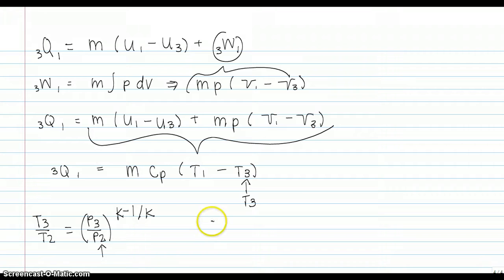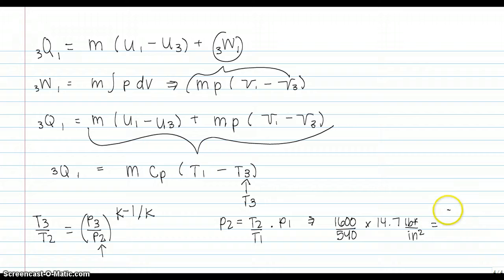To solve for P2, we have P2 is equal to T2 divided by T1 times P1, and we have every single term in that equation. That simplifies to 1600 divided by 540 multiplied by 14.7 lbf per inches squared.